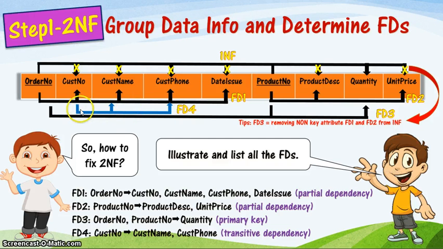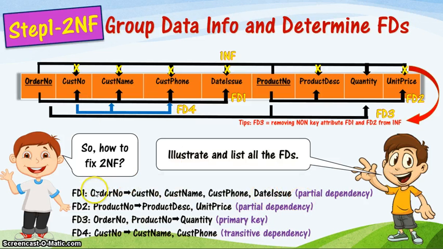So we can divide into another FD: customer number determines customer name and customer phone. Label it as the next FD, FD4. So we can say that customer number is not a primary key, so this is confirmed transitive dependency. FD4 is confirmed transitive dependency because customer number is not a primary key.